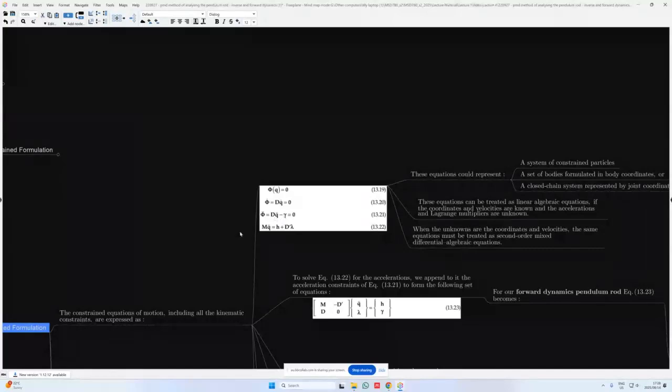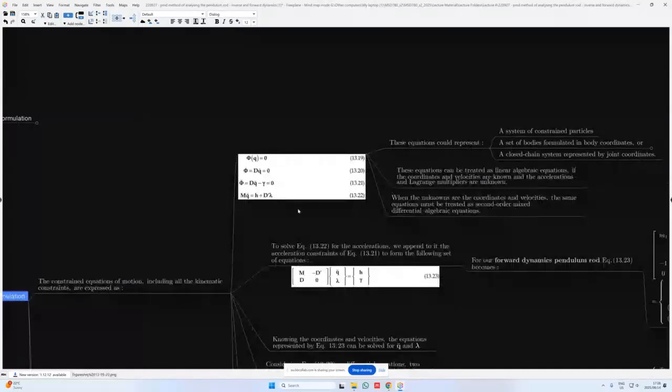And then our final equation over here, 1322, is simply to relate the kinematics of the system to the dynamics or the forces. This is just an extended version of the M q double dot equal to h.